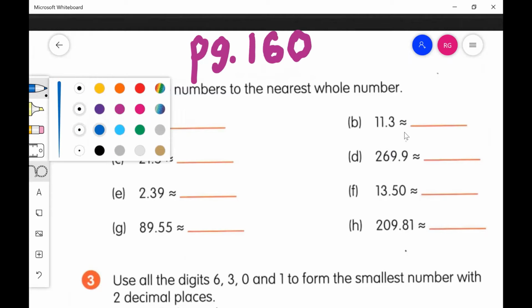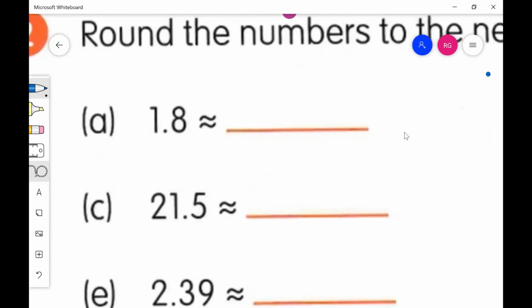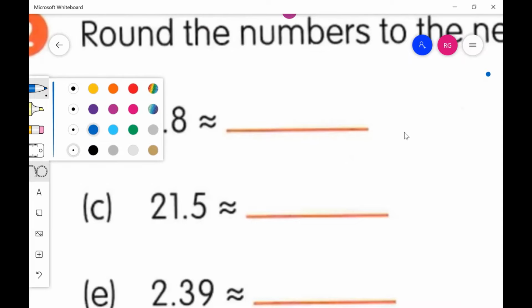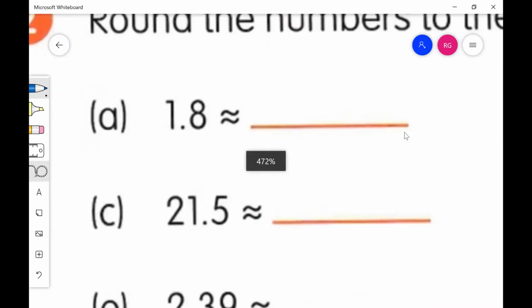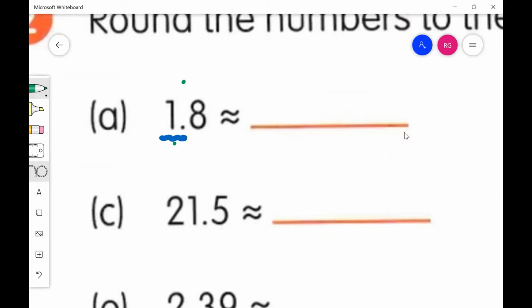Okay, and when they say whole number, which digit are they referring to? In this case, what would be our whole number here with 1.8? 1. Yeah, 1 is our whole number. So what is step 2? Step 2 is to look to the right.